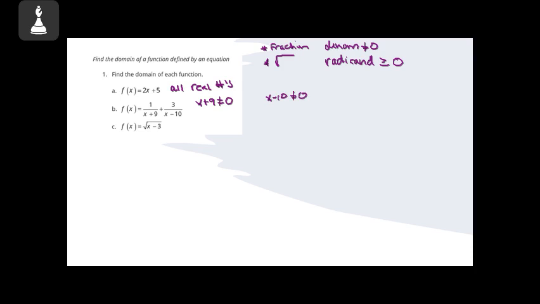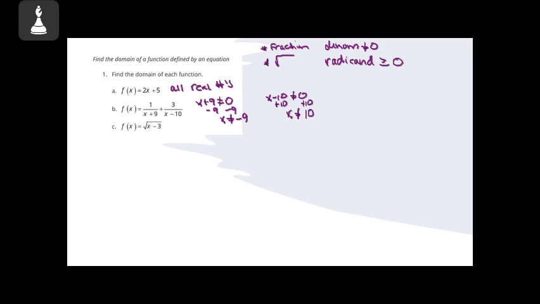If I solve those, moving the 9 over by subtraction, x cannot equal negative 9. And then for this one, to get rid of minus 10, I'm going to add 10. So x cannot equal 10. Or x cannot equal negative 9. So I can plug in any other value except for negative 9 and positive 10.